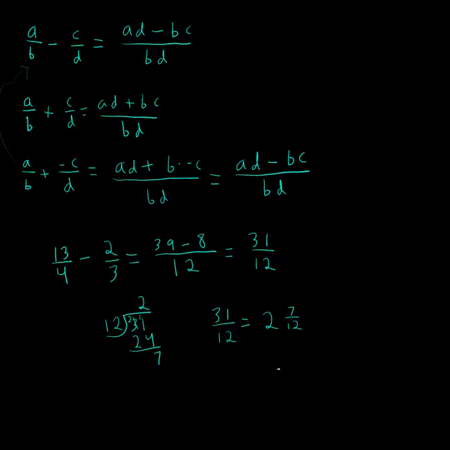Okay, so with all that being said, we have subtracted two fractions, and so I think we can move on to multiplication and division. For multiplication, this is going to be fairly straightforward.